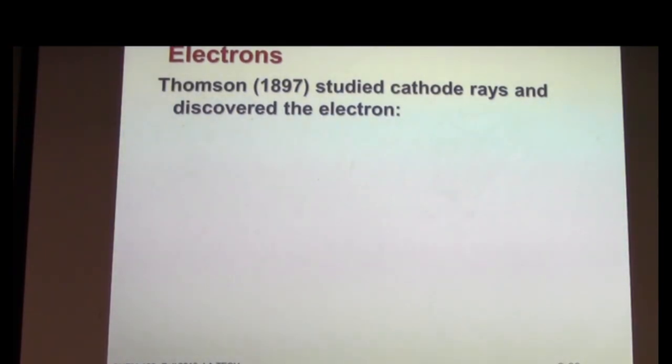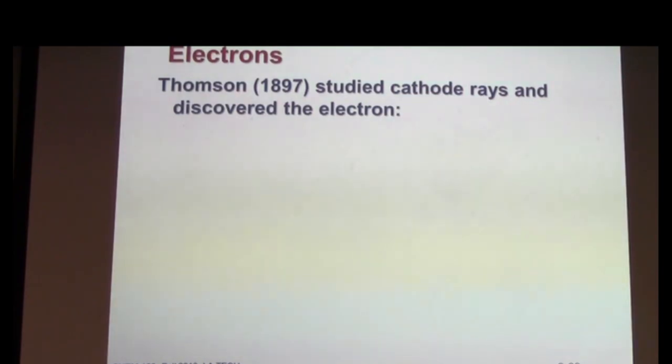I think 1.61 times 10 to the negative 19 coulombs. Negative charge. That's the charge on the electron. How do I remember?